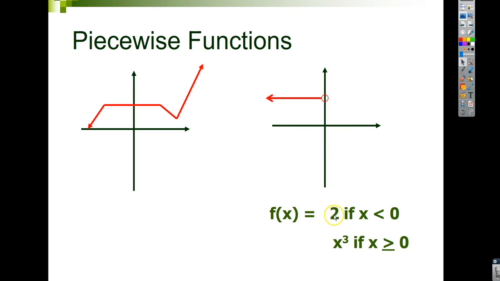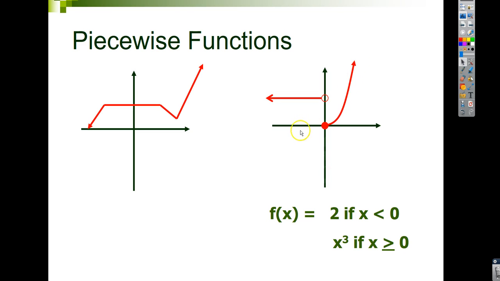This one says f of x is 2, so y equals 2, if x is less than 0. So that's why you've got an open dot here, because it doesn't equal it. And then this part, x cubed, this is part of the cubic function.